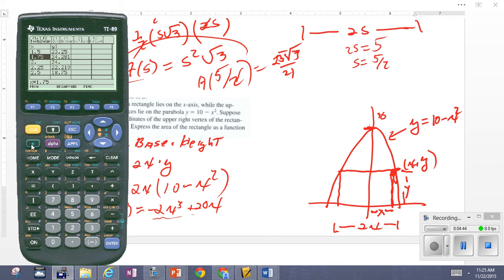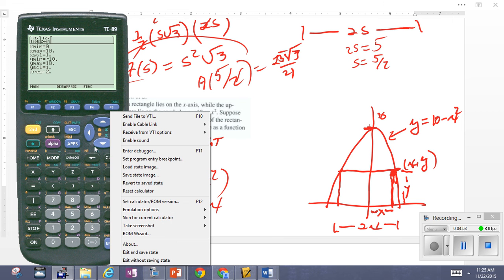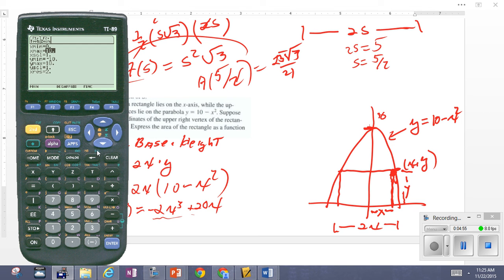So we go to diamond F2 to set up our window. We're only interested in x values which are positive, and like we said, the cutoff is going to be over here at that intercept, which is roughly 3 or 4, we'll go up to 4. And we saw our y values are jumping up to a high of about 24. I'll give ourselves some breathing room, go up to 30.